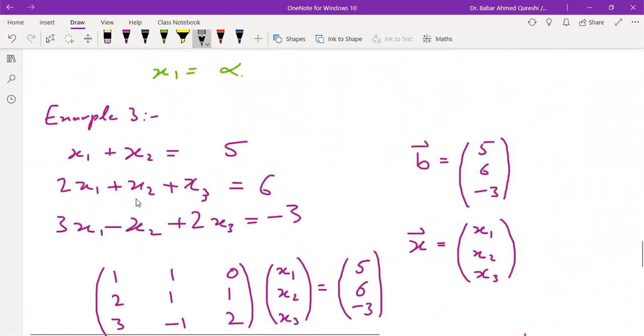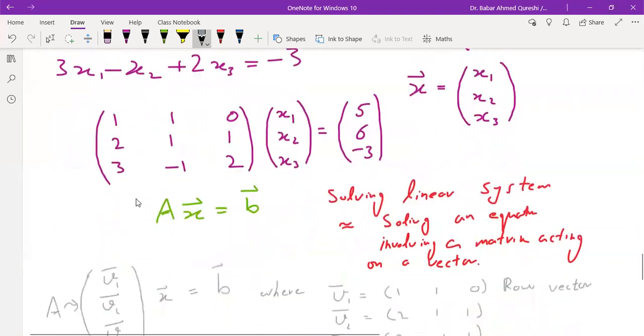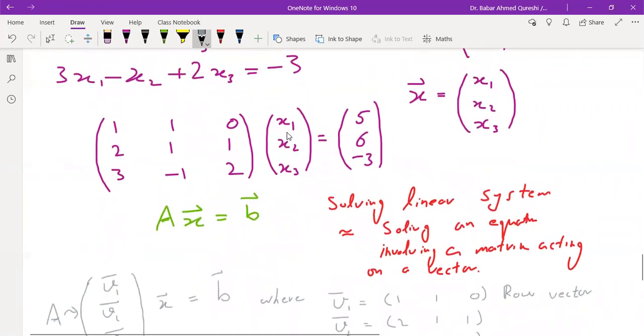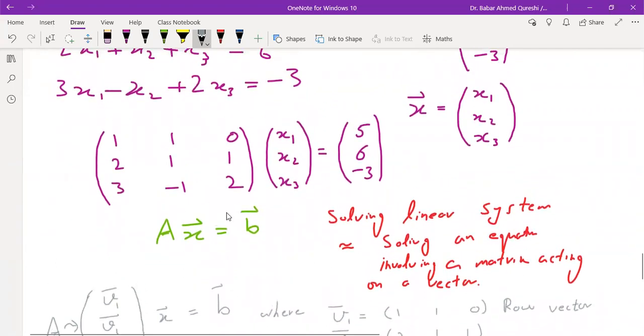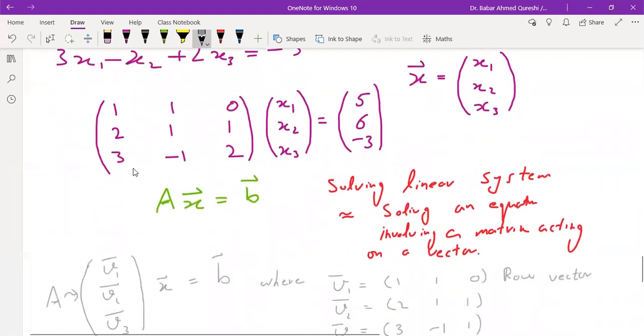So no magic went in there, it's just that I have defined things this way. I have just defined the product of a matrix with a column vector in such a way that I can write this compact notation, so that when I multiply with my given definition, I get these equations. So it's the splitting open of this equation.